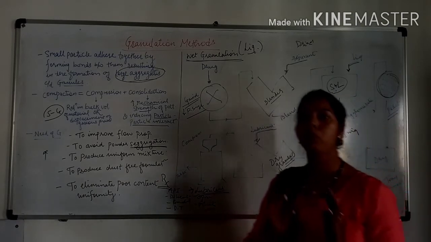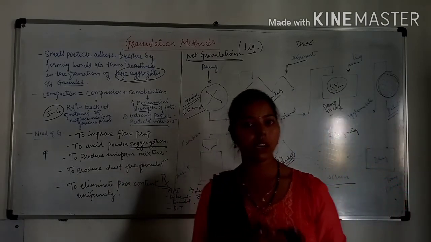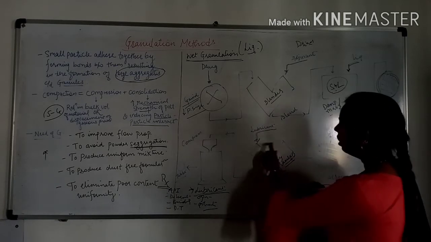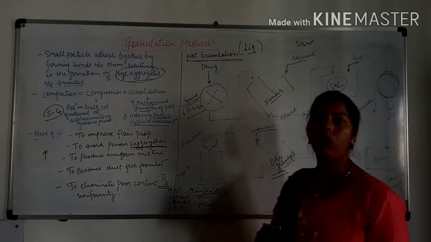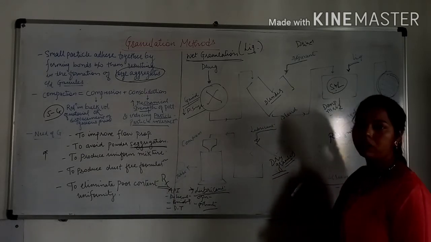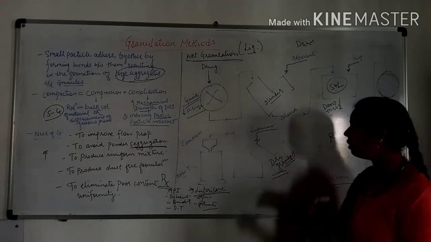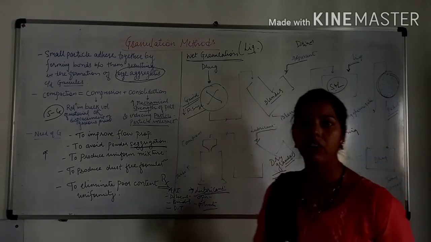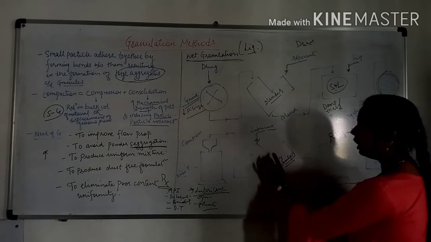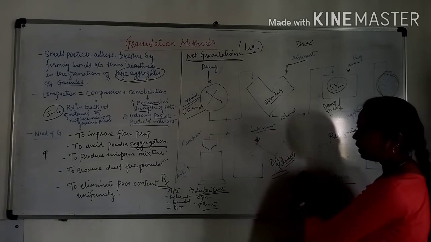We only have to mix the lubricant with the granules. We should not reduce the size or make powder of these granules, so we do not have to blend them in excess. Otherwise they will decrease in particle size. So we will only mix this lubricant into the dry granules.